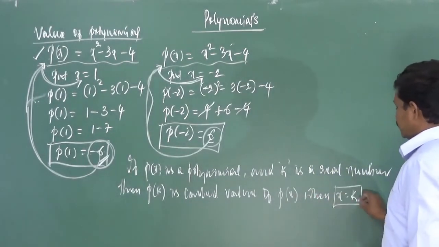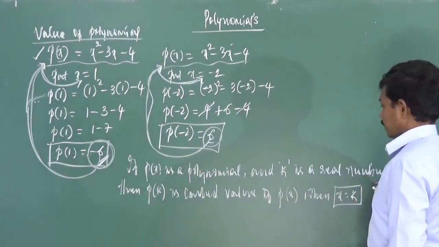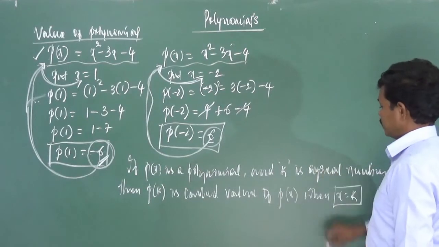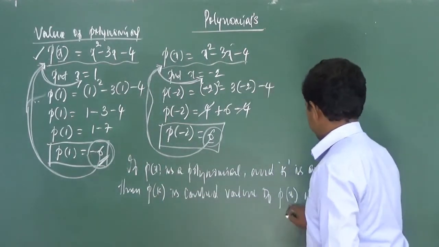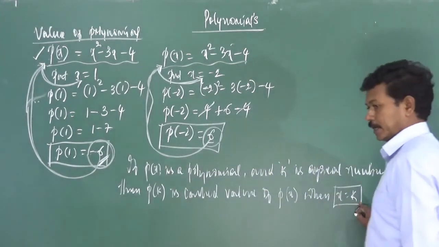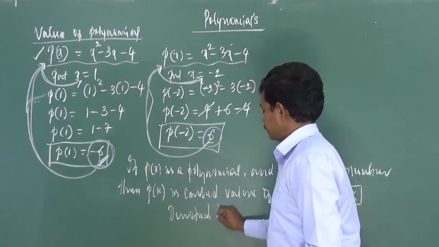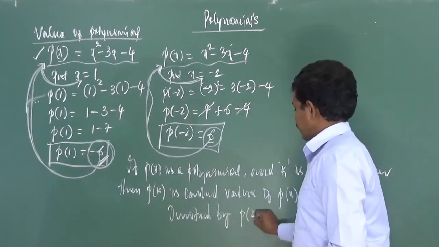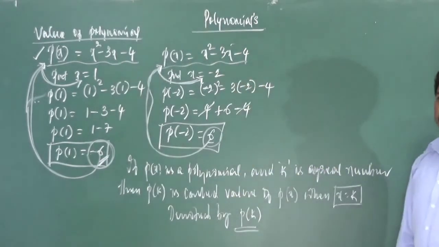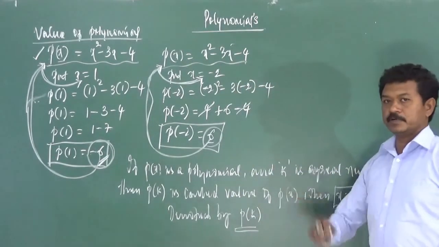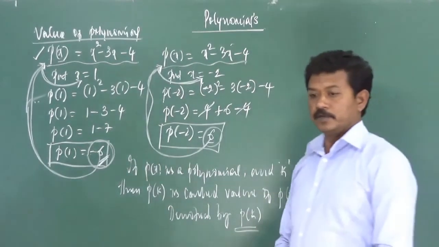So this is how you have to understand this. If p of x is a polynomial and k is any real number you can take, then p of k is called the value of p of x when x is equal to k, which is denoted by or represented by p of k. So this is the definition for the value of a polynomial. So it's very important. Now let us go with the zero of the polynomial.